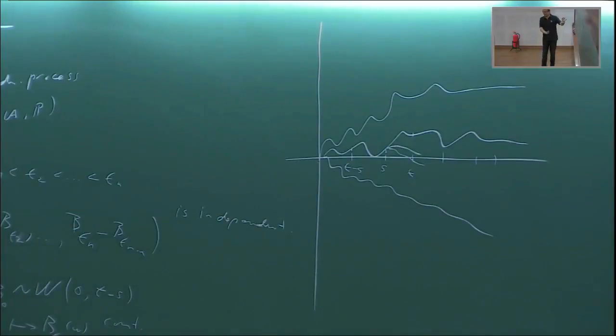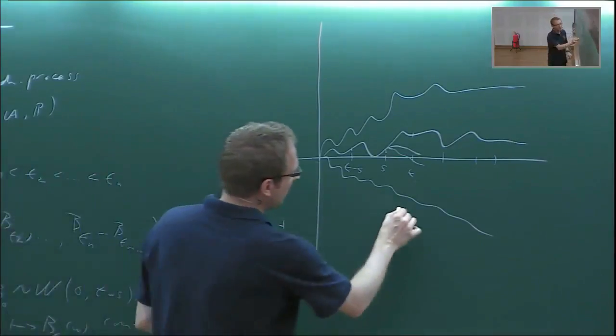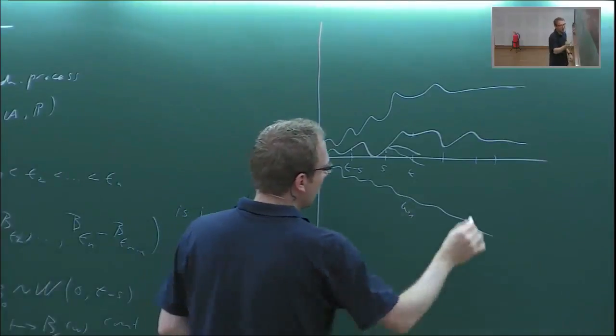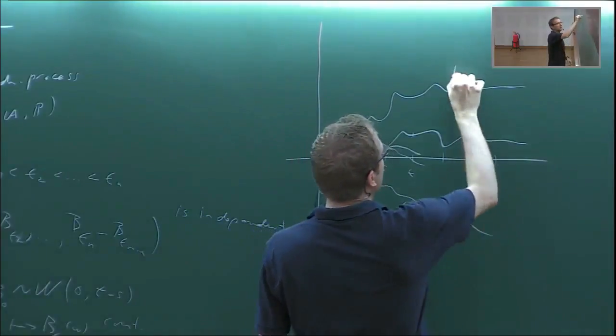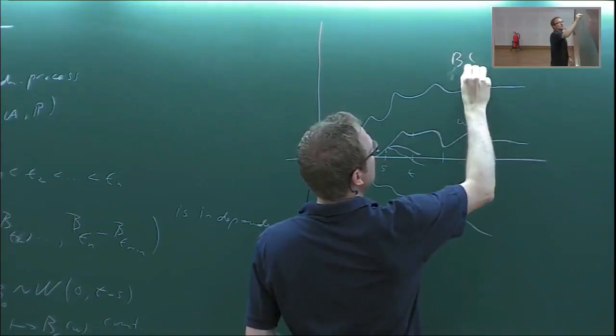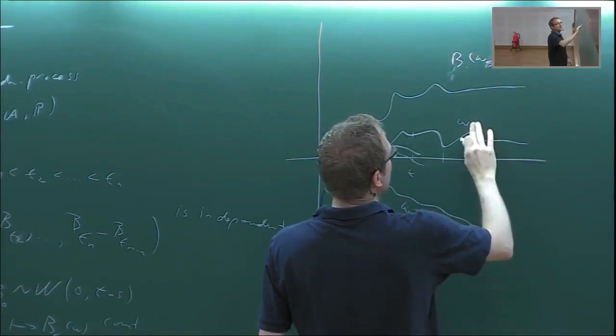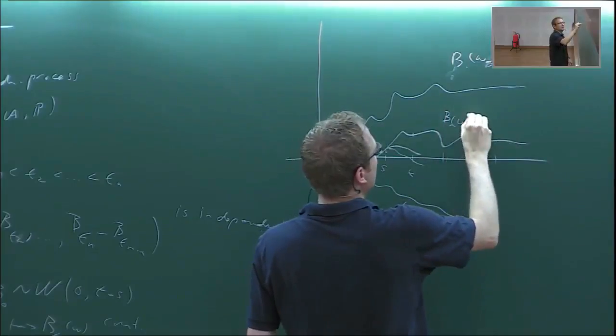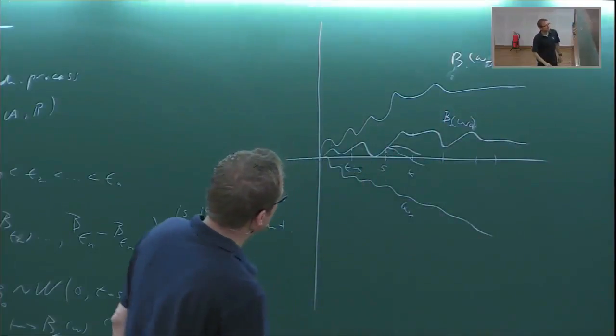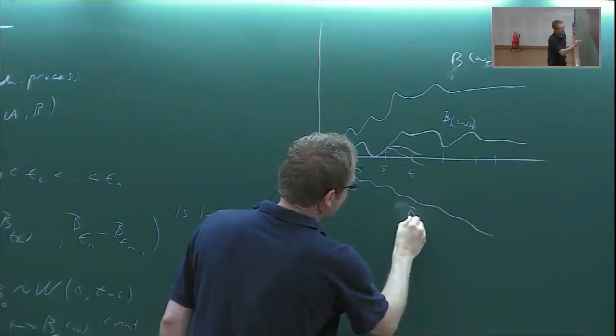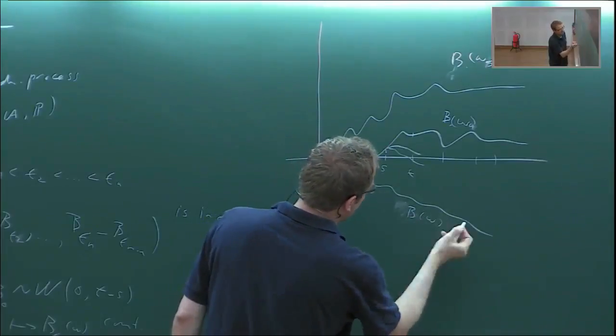Is it more or less clear what this object should be? Property 4 is continuity. Each of those paths belongs to another omega. This is omega 1, omega 2. So this is B of omega 4, B of omega 1, let's say.